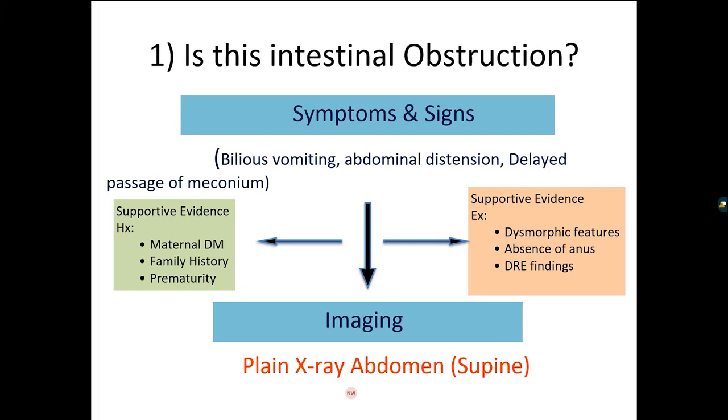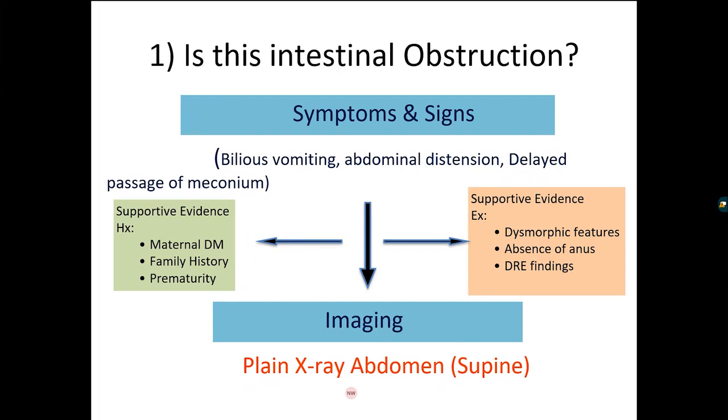Once you have that classic history and examination, the next step is to confirm your diagnosis by imaging. That is achieved by means of a plain X-ray abdomen, supine. It's a very common mistake that we see more and more amongst clinicians, that there is a reluctance to obtain a plain X-ray abdomen in a newborn.